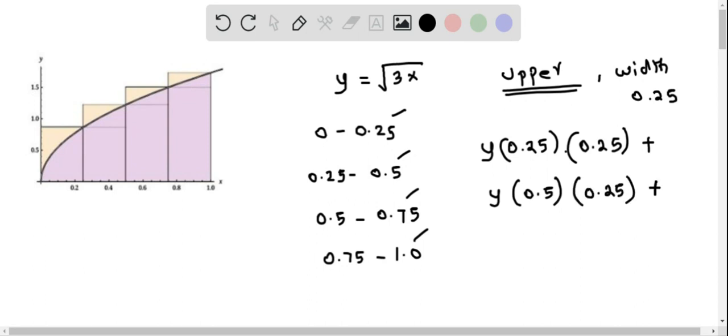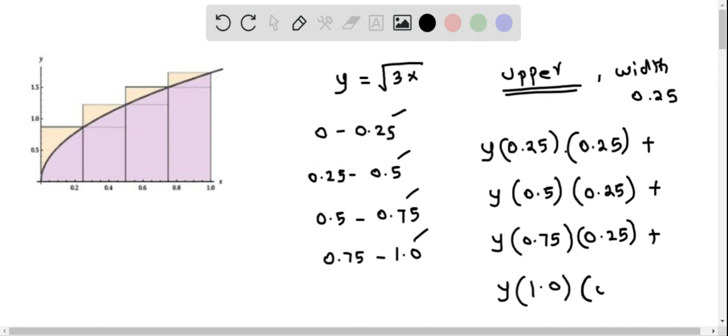So then for the third rectangle, it will be y of 0.75 times the width, which is 0.25. And for the fourth rectangle, the height is given by the value of the function at the right endpoint, that is y of 1.0 times the width of the rectangle, which is 0.25.